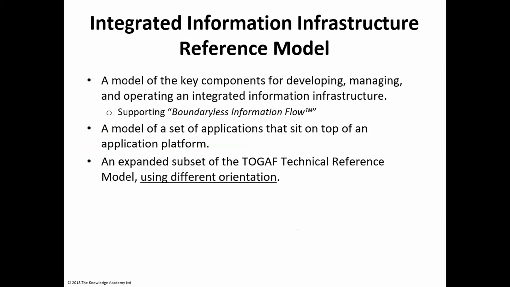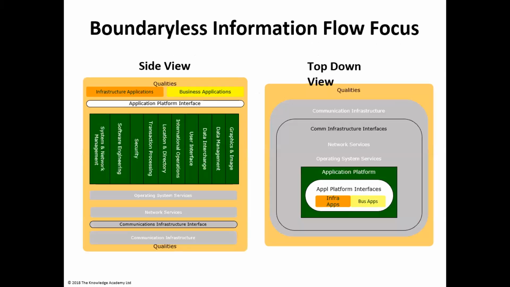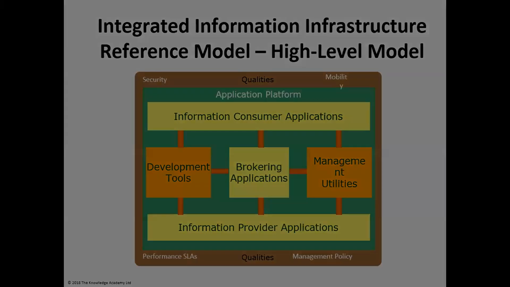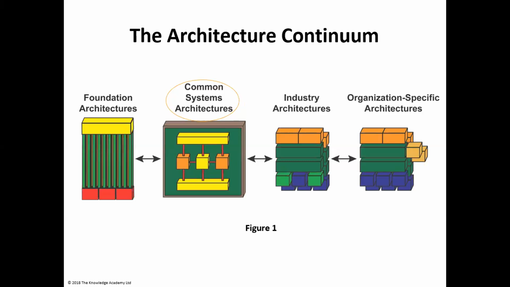Now if you look at the III-RM also, it has two main components. The first one is a taxonomy and the second one is a graphic. The III-RM is an example of a common systems architecture.